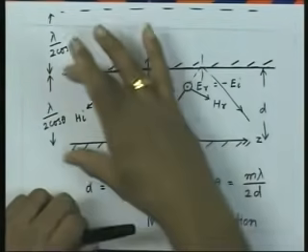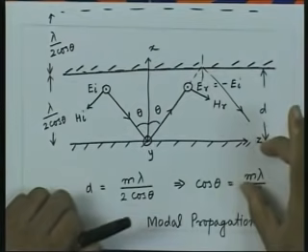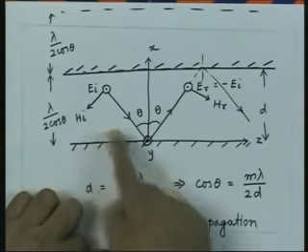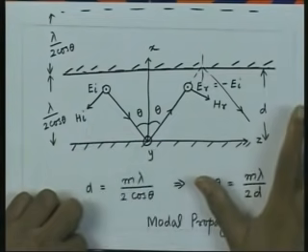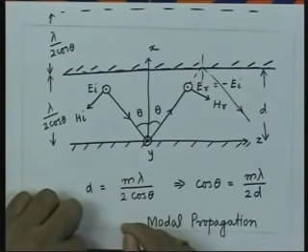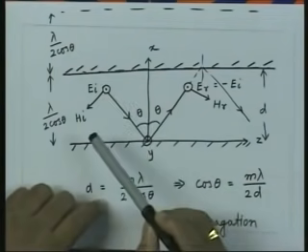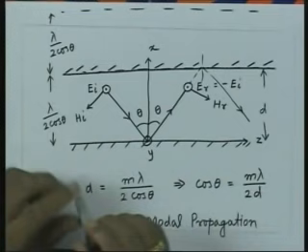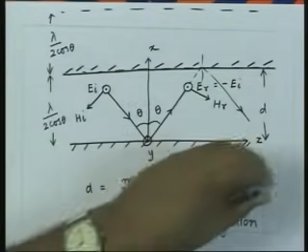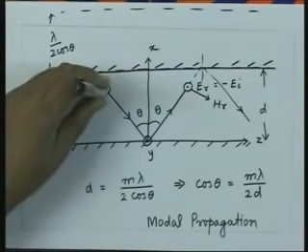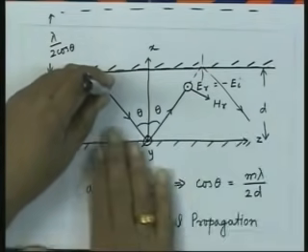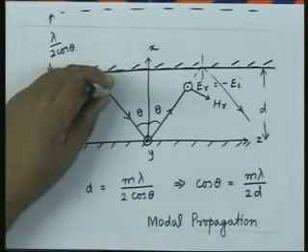Since the net propagation is taking place in the z direction, the magnetic field has components in the direction of net propagation and in the direction perpendicular to it. Whereas the electric field is always perpendicular to the direction of propagation. No matter where I go, I will always find this electric field is perpendicular to the net direction of propagation.